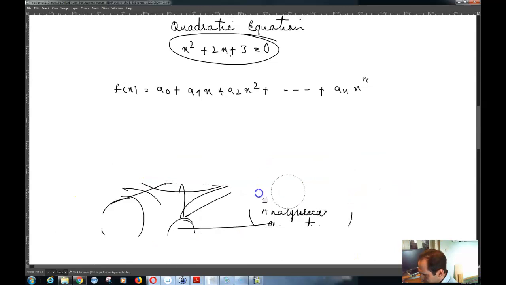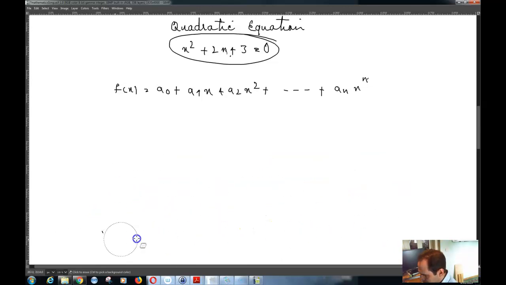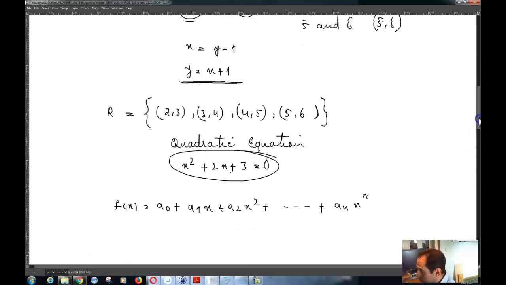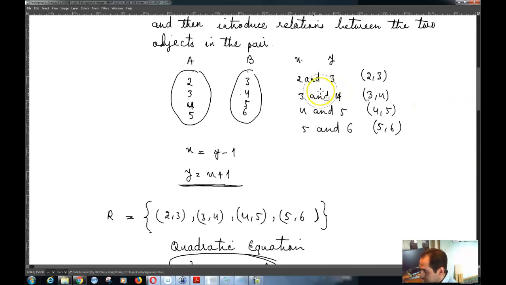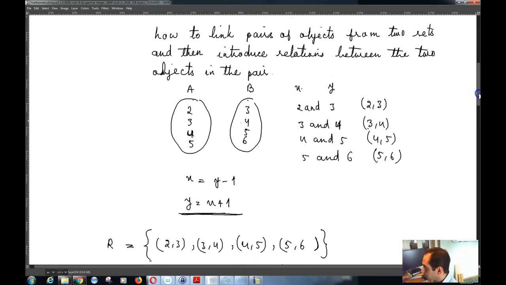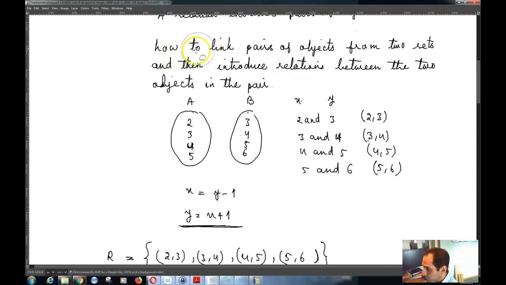Now, what we want to do is link pairs of objects from two sets and then introduce relations between the two objects in the pair.